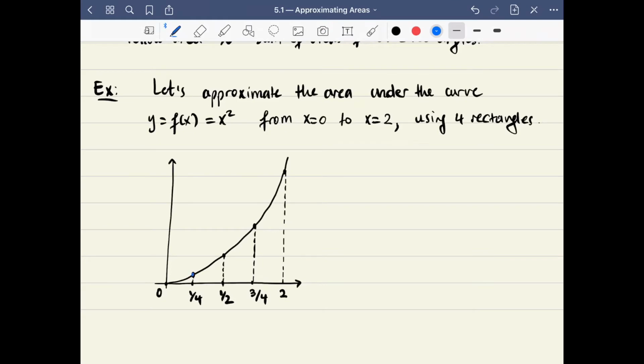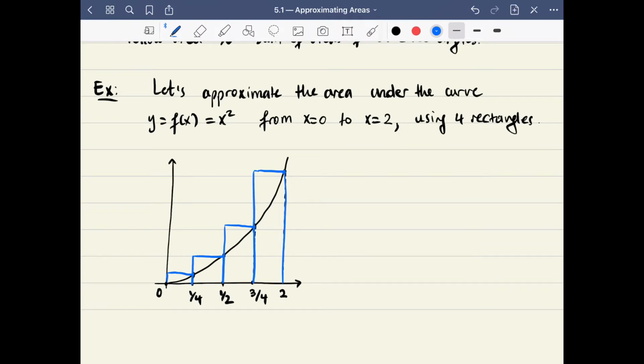So basically this is going to be the height of the rectangle. So the rectangle is going to look like this. And for the second rectangle, I'll do the same. I'll choose this to be the height, and then I'll construct the rectangle. And then here is the height of the third rectangle. And then the fourth rectangle has this height.